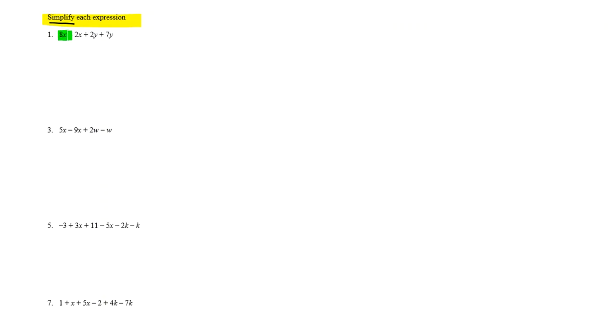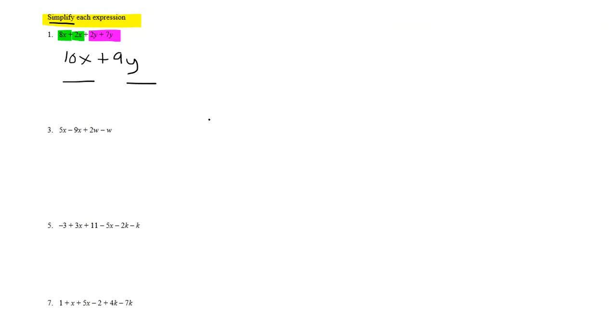So the 8x and the 2x have the same last name, so we can combine those, and that would be 10x. And then the 2y and the 7y both have the same last name, so that would be 9y. And then we can't combine the 10x and the 9y because these two have different last names. Okay, on number 3, I want you to do example 3 with me.